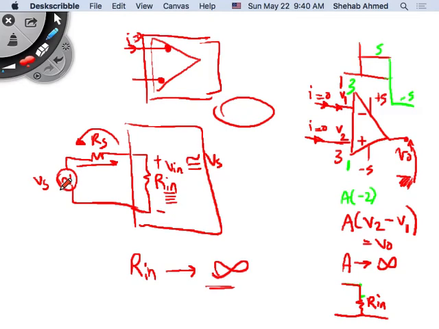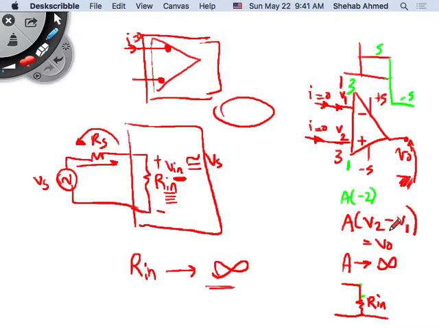That's a nice characteristic, but of course, even though I will be measuring V input, as soon as I have V input, what's going to happen? It will be multiplied by the gain, which is infinite, and go to the output, which means it will saturate. So what does this mean for V2 minus V1?